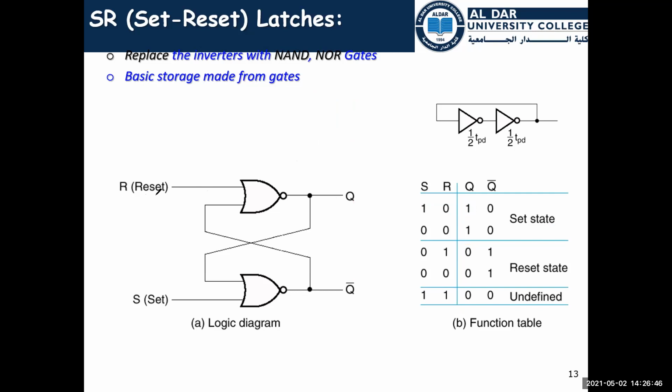Basically, I want you to understand that we have the SR latch. When we set, we put 1 here, and this will keep the output at 1. The reset state means that if I put 0, this will keep the output at 0.